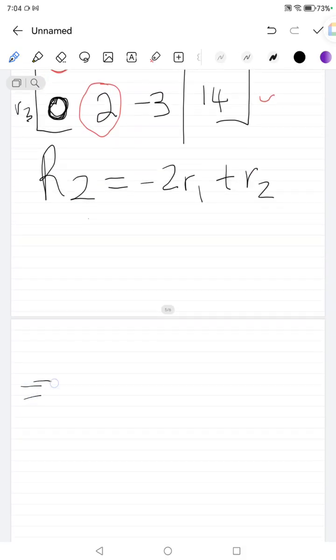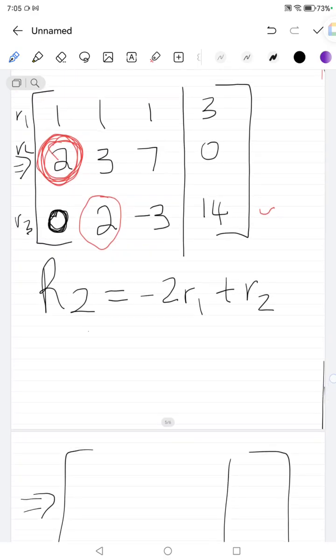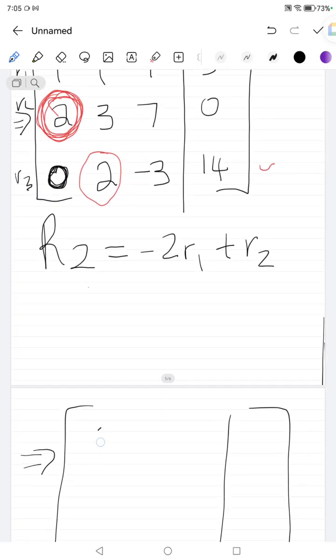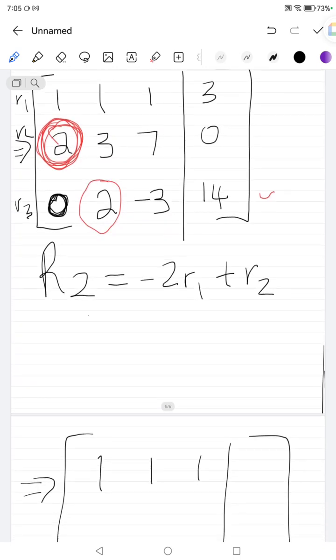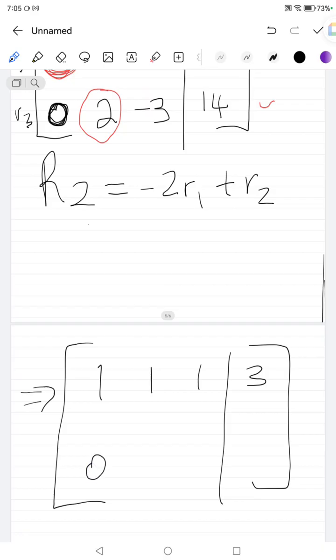So how is that going to look? Let me just do it in this way. Remember we're only working on row 2, so you can even simply write the other ones that you got, because these ones are not going to be changing. The only one that is going to be changing is your row 2. So you can just quickly go and write it like this.